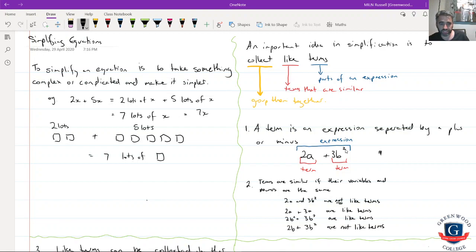Let's say we had 4a squared b. This squared here is attached to this a, and then we have an a and a b, 2 different variables, and we have a 4 in the front. The 4 in the front, that's the coefficient.